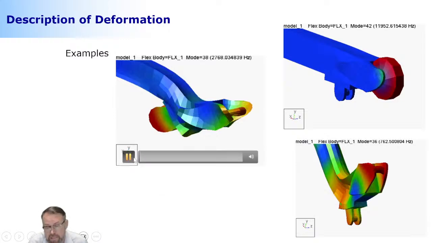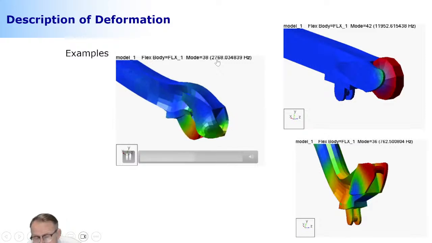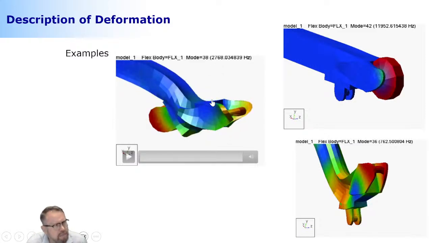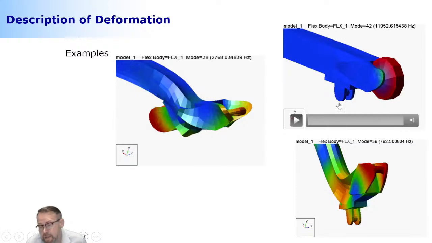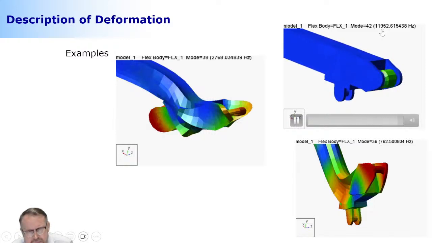This is a deformation mode where the frequency is already closer to 3000 hertz. Maybe this could be something you are interested in. But then this one is super exotic. The frequency is close to 12,000 hertz. Do you think this kind of deformation makes a difference in your life? No, it doesn't.